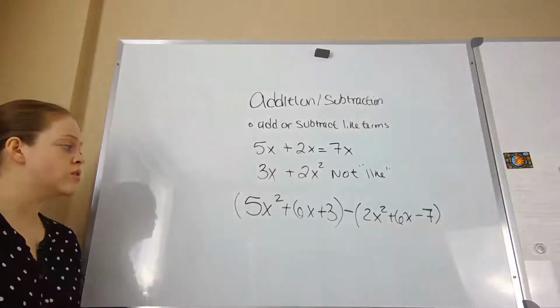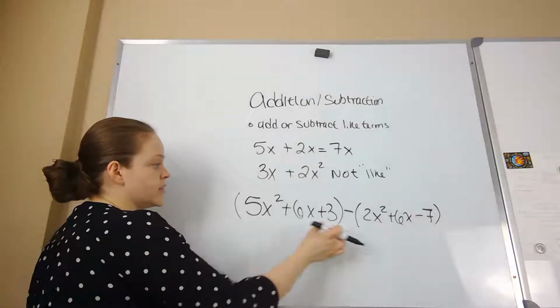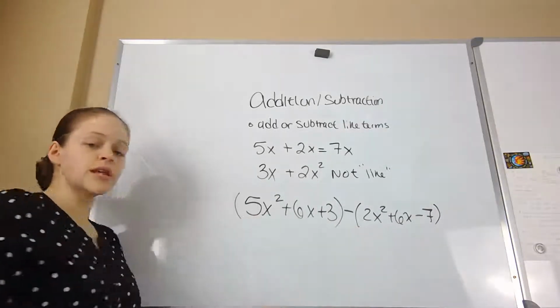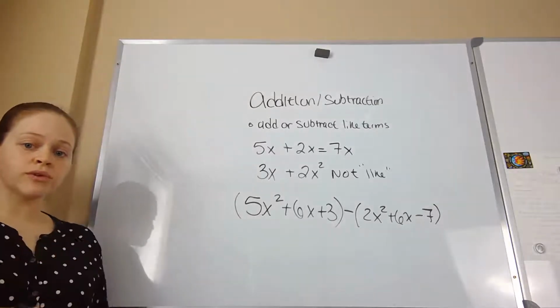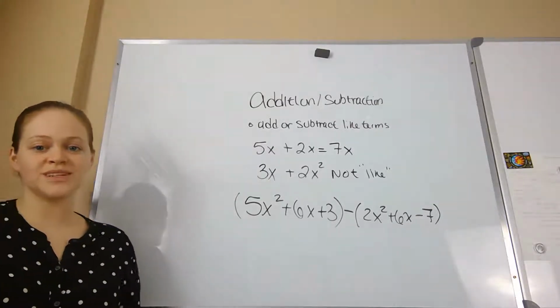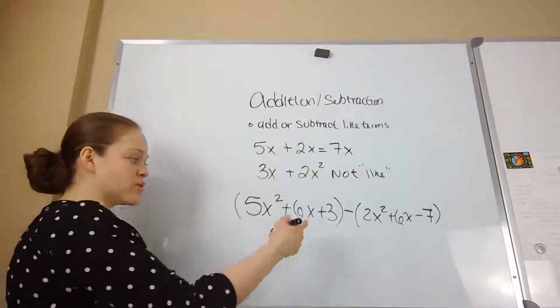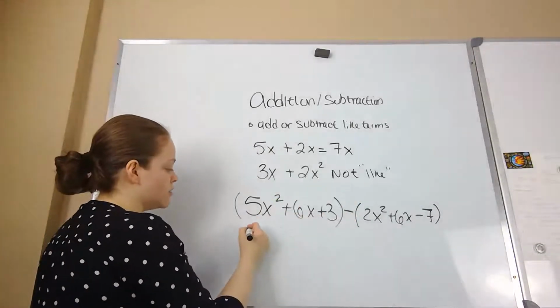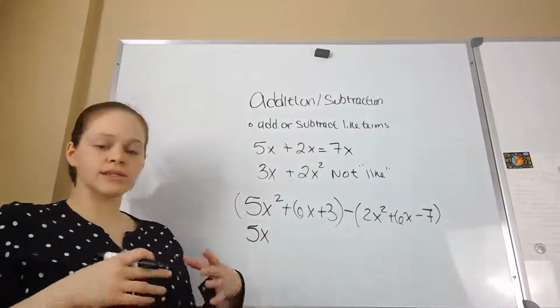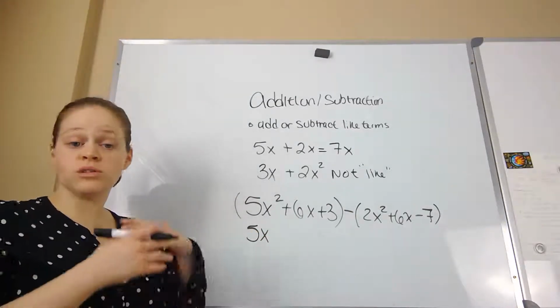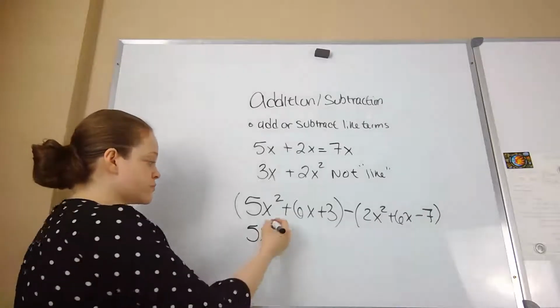The 5x squared and the 2x squared, those are like terms. I can rewrite everything. Yes, we do need to apply the negative to everything. If you want to rewrite this, you can go 5x squared, plus 6x plus 3. I'm showing a lot of steps; you can totally skip those.